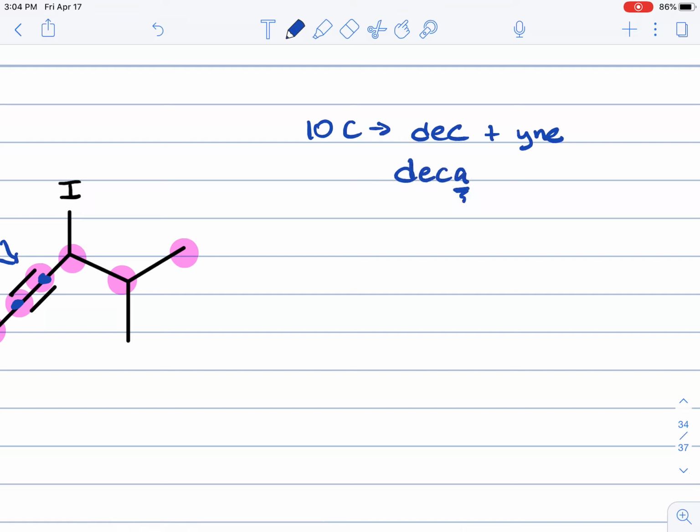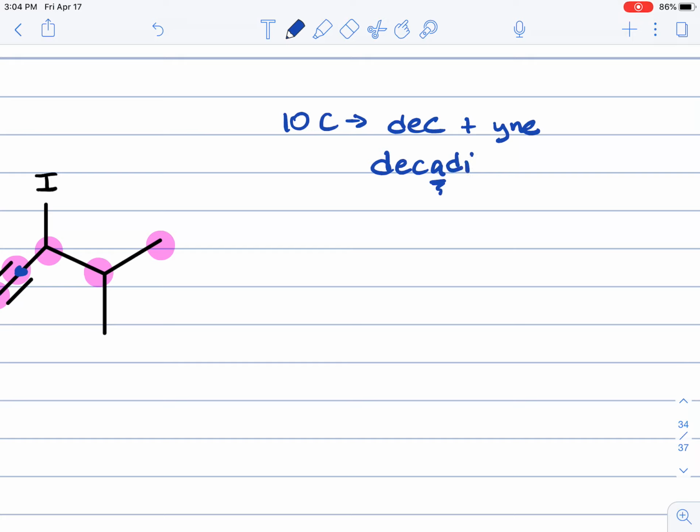Because this is plural, we have more than one triple bond, so I need to put a vowel between the 2 consonants. Deca, di, yne. So deca, di, meaning 2, yne, meaning triple bonds. Hopefully you understood that.